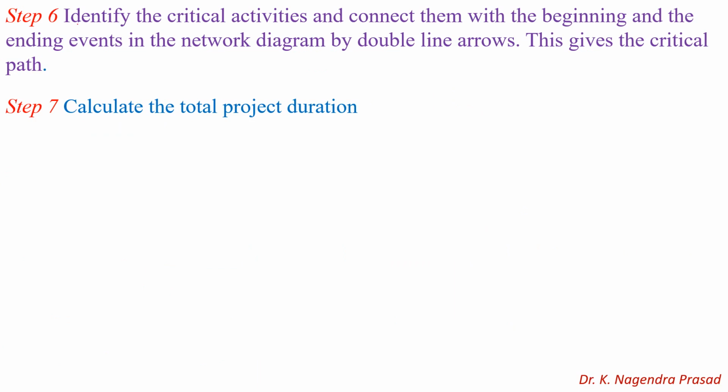Sixth step is to identify the critical activities and connect them with the beginning and ending events in the network diagram by double line arrows. This is used as the critical path. Step 7 is to calculate the total project duration. We will look at one example problem on this method to find a critical path.